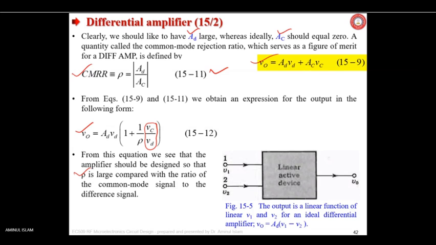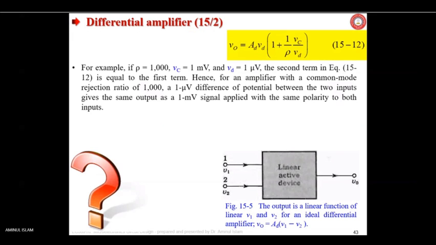Is it understood? Design should be made in such a way that, for example, if rho, CMRR, equals 1000. In a real differential amplifier we may not get infinite, so some realistic value is 1000. If rho equals 1000, VC equals 1 volt and VD equals 1 millivolt or 1 microvolt, this second term in equation 15-12 is equal to the first term, meaning 1.